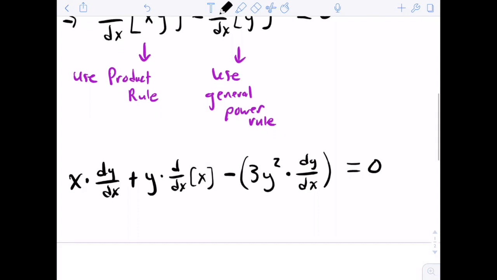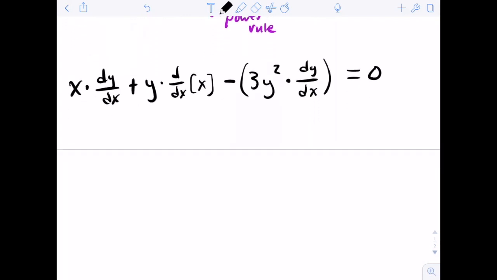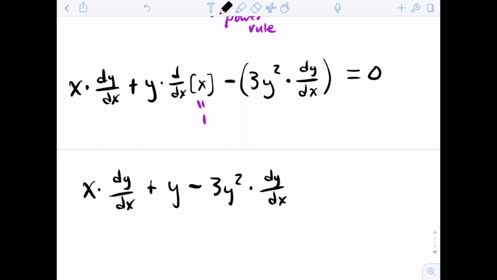Okay, so now actually we can simplify this a little bit more. Remember here that the derivative of just x is 1. So we can rewrite this as x times dy by dx plus y times 1, or just y, minus 3y squared times dy by dx, and this is equal to 0.